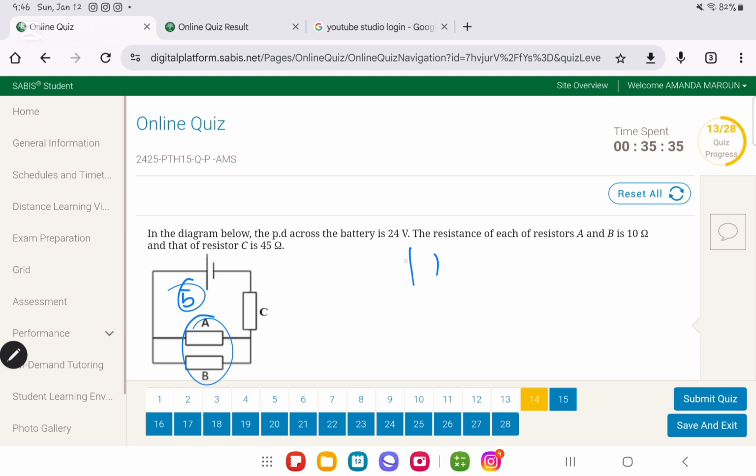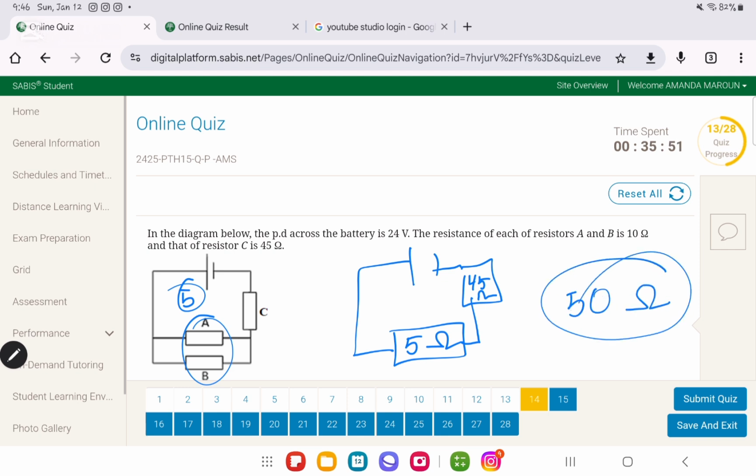Okay, so let me draw a new diagram. This over here is 5 ohm, and this over here is 45 ohm. To find the equivalent resistance, because they are in series, we can add them. So 5 plus 45 is 50 ohm. So now we have the total resistance.